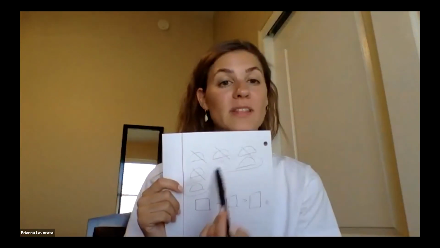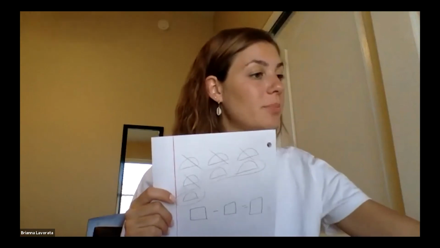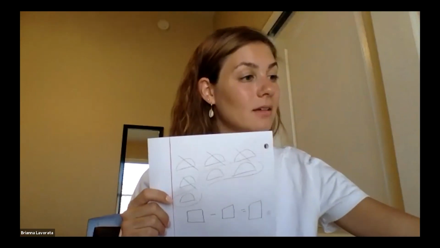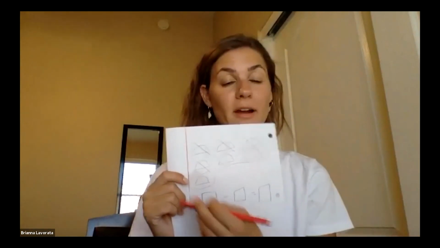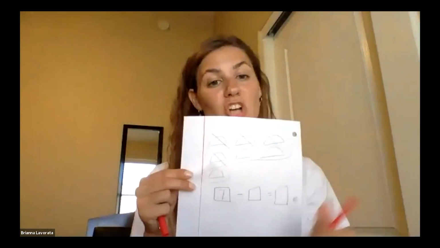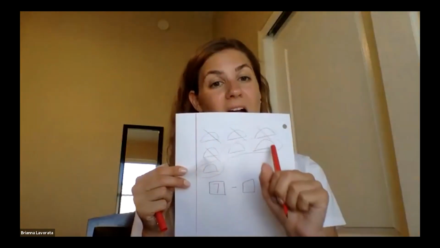Since you started off with 7 tacos, you're going to put the number 7 in the first square. Okay, this is creating a number sentence. I started off with 7 tacos. Emmy ate 4 tacos.